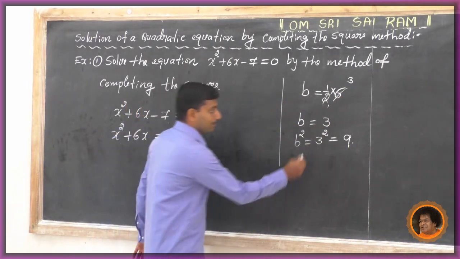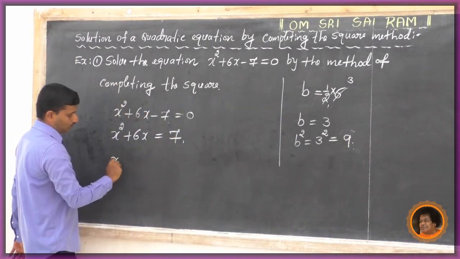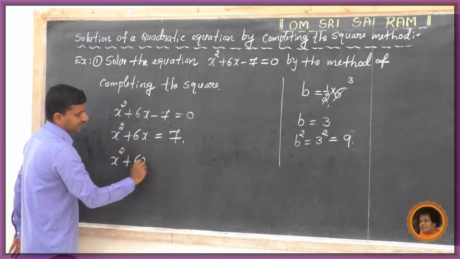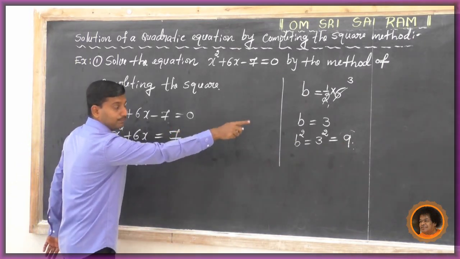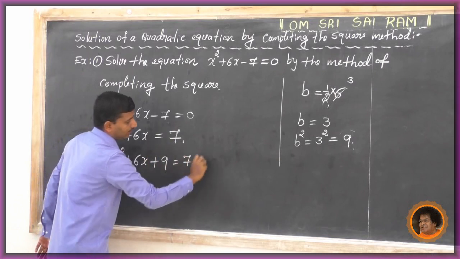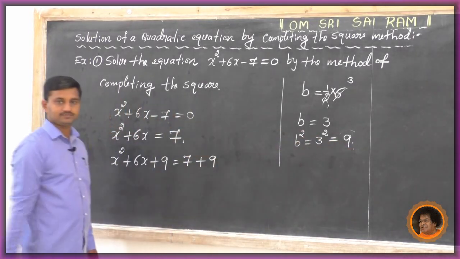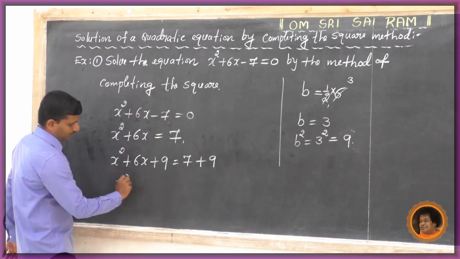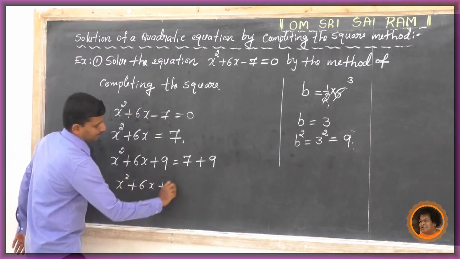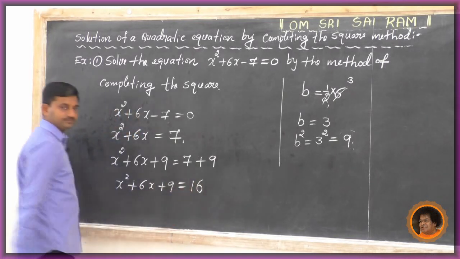Now add the b square value, 9, to both sides. So x square plus 6x, plus 9, equals 7 plus 9. We add the b square value to both sides. x square plus 6x plus 9 equals 16.